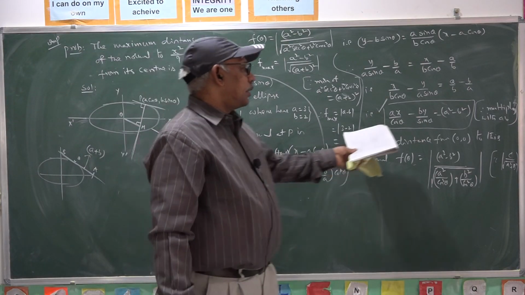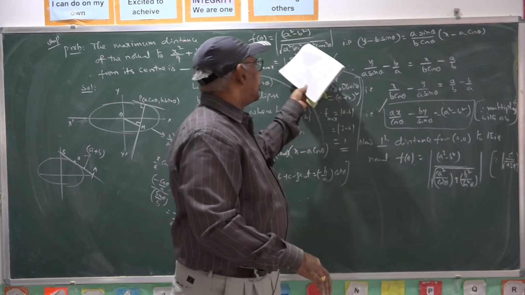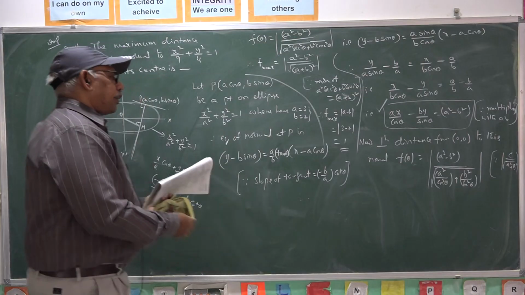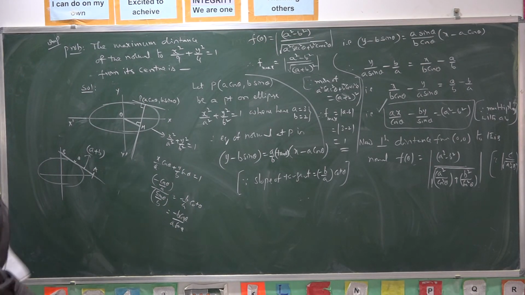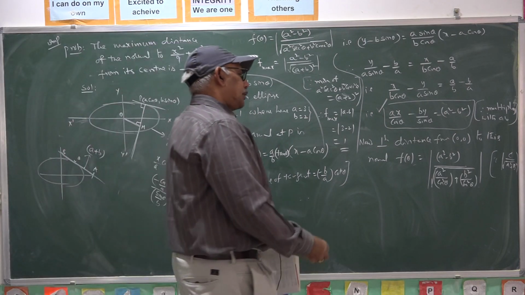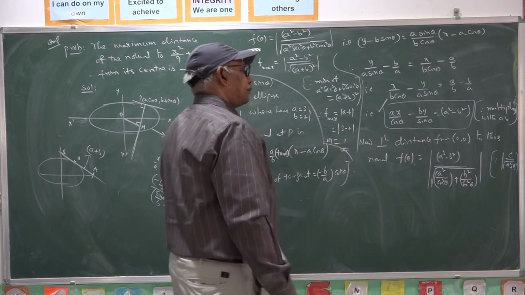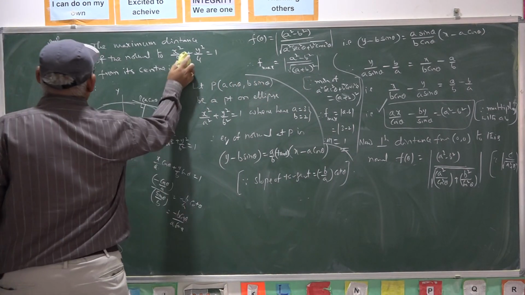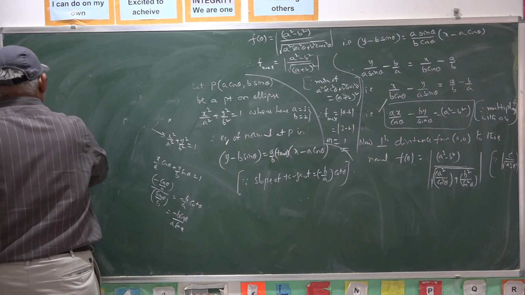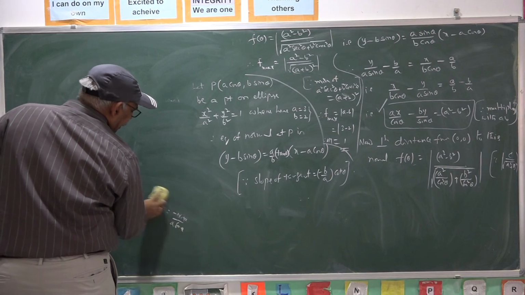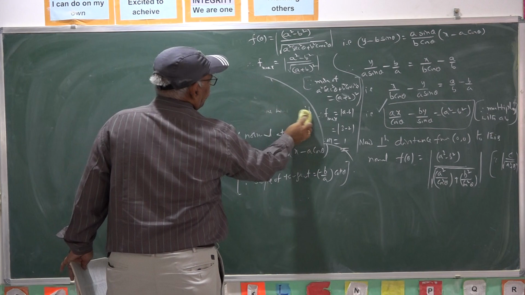Once you are familiar with the equation of either tangent or normal, you can maximize f, that is OM, the perpendicular distance. The maximum distance is 1 unit here, because a is given 3 and b equal to 2.